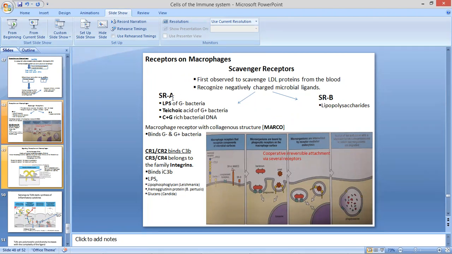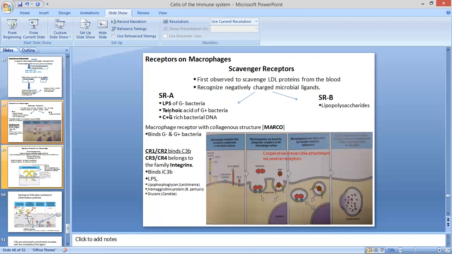And there are two types of these scavenger receptors as part of the membrane of these macrophages, known as scavenger receptor type A and scavenger receptor type B. The type A receptors particularly recognize LPS, or lipopolysaccharide, in gram-negative bacteria, teichoic acid of gram-positive bacteria, and the cytosine guanosine-rich bacterial DNA.